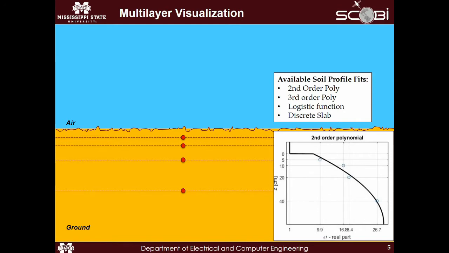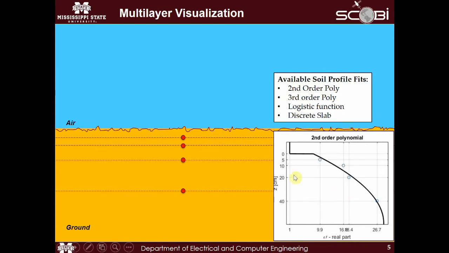volumetric soil moisture values at each of these locations. And with these different fit functions, what we're doing is applying some sort of polynomial that interpolates values at all the different other points within that soil moisture profile based on your user input.